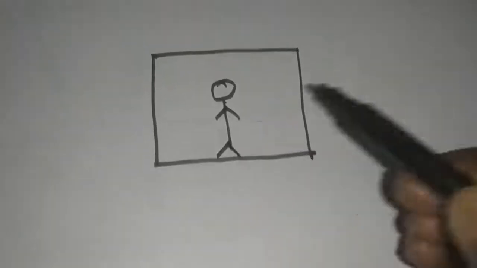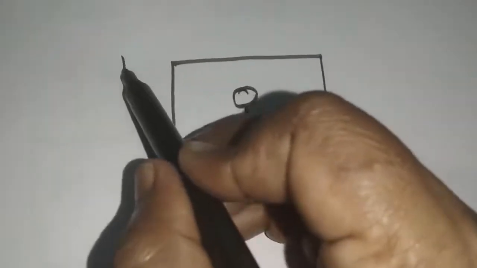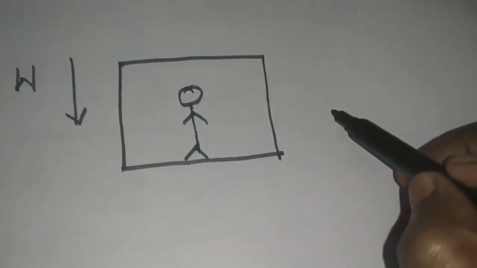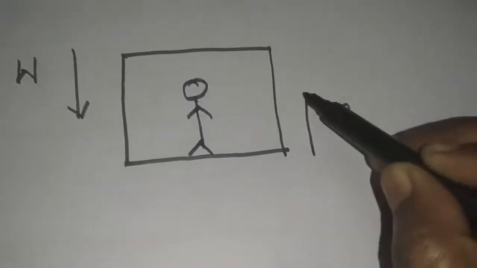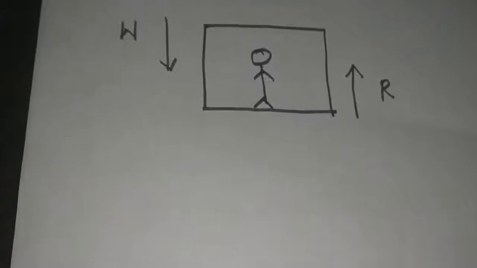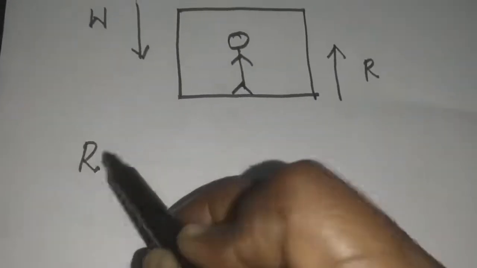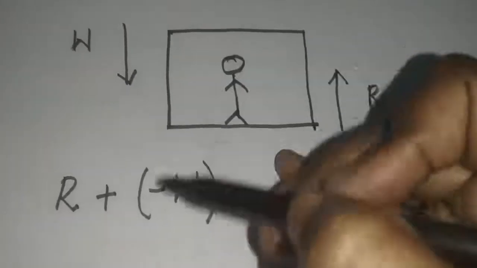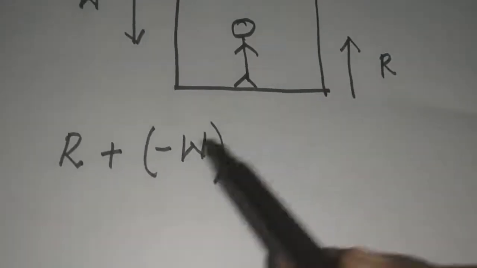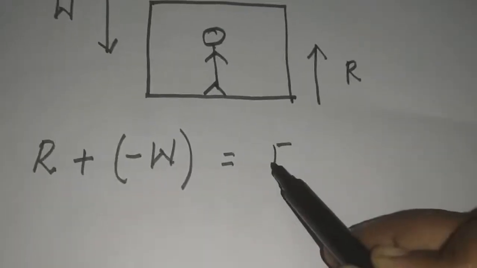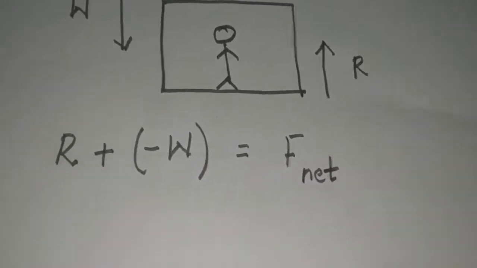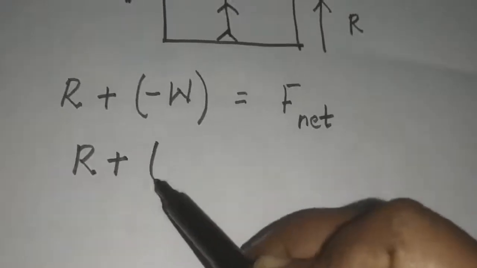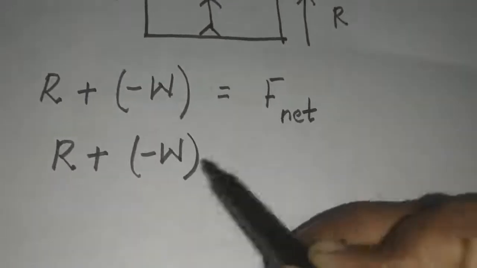Standing in the lift, this is weight W acting downward, and this is apparent weight R. So R plus minus W, because here W is acting downward, so here we are giving negative sign, equal to F net force. R plus minus W equal to 0.